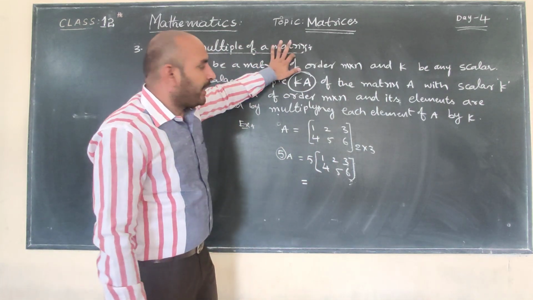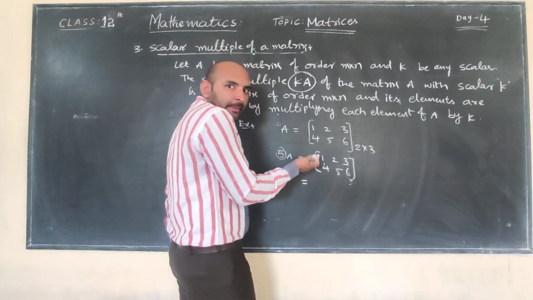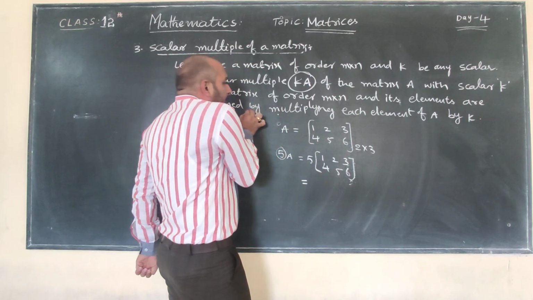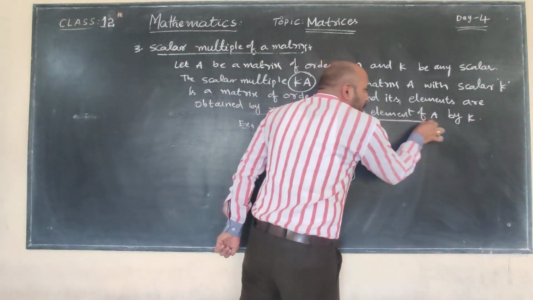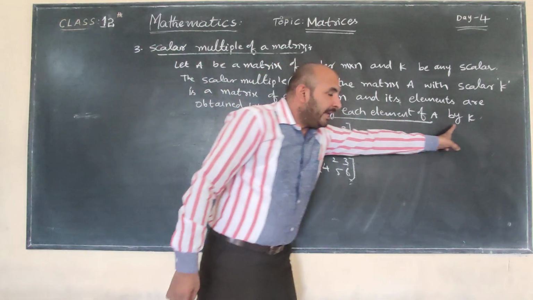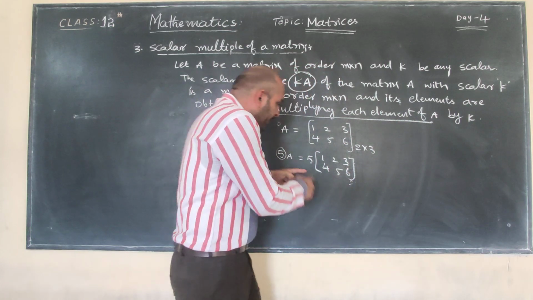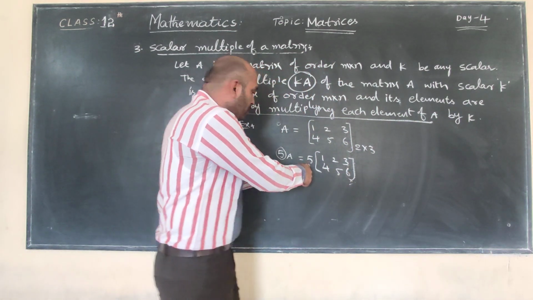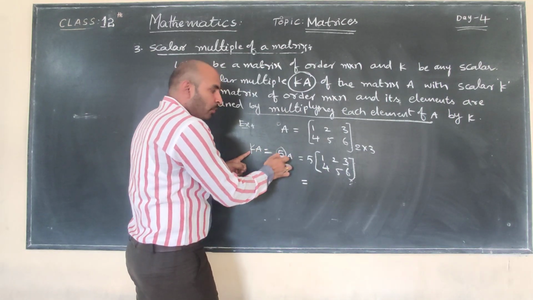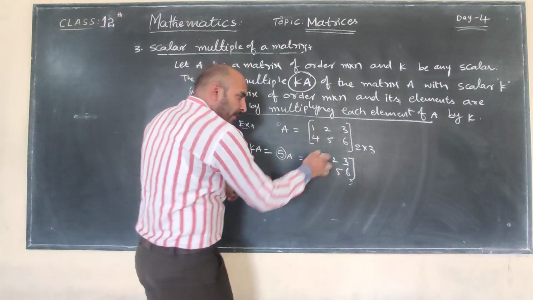So how to multiply a scalar with the given matrix? Scalar multiple of a matrix is the matrix obtained by multiplying each element of A by the scalar. Here K is the scalar, and K is 5. So it is denoted by KA is equal to 5 into A, which is 5 into the given matrix.